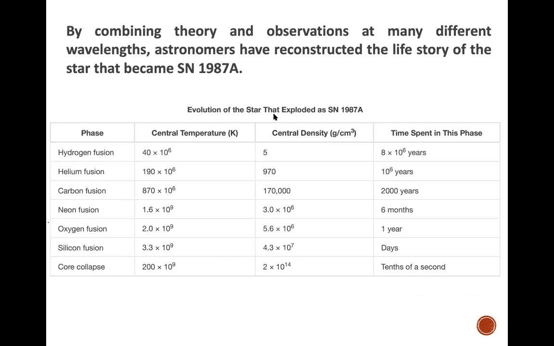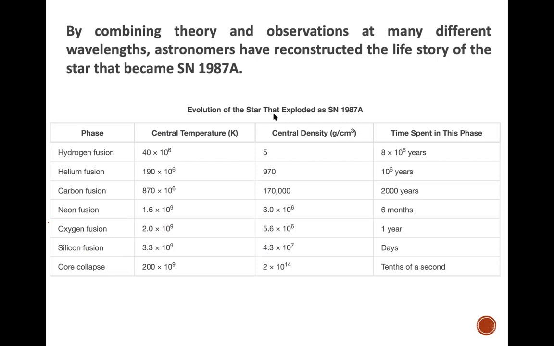Now, this is about supernova 1987A. Astronomers make the life story for this supernova by combining the theory and observations that we have up to now, and this nicely summarizes the whole process of what will happen to a star from the beginning.